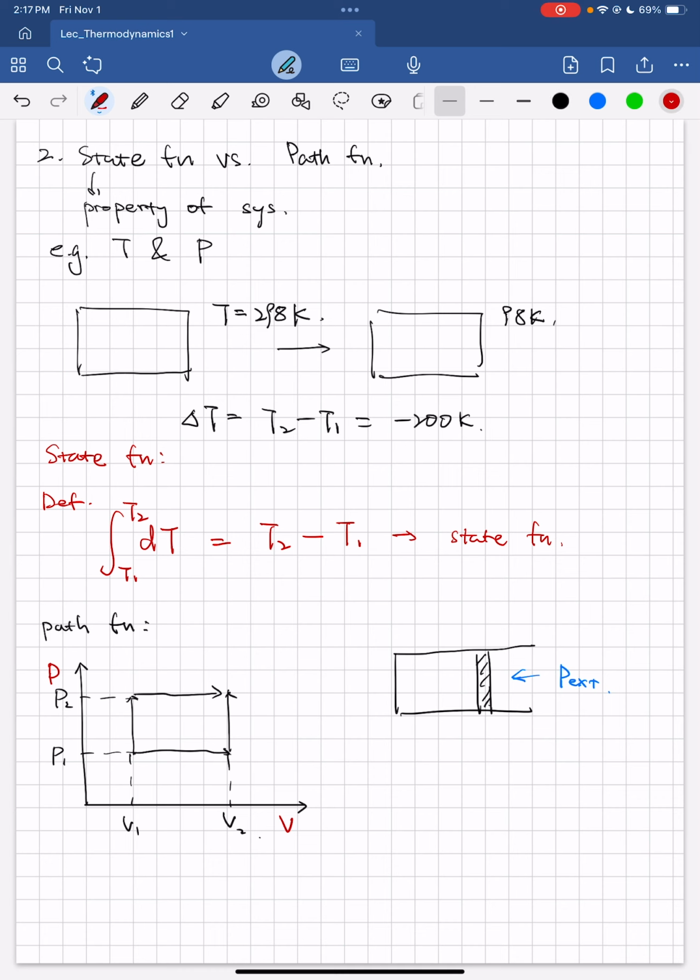We call this isobaric, and we call this, wait, I forgot the name of it, sorry. Same volume, isovolumic.